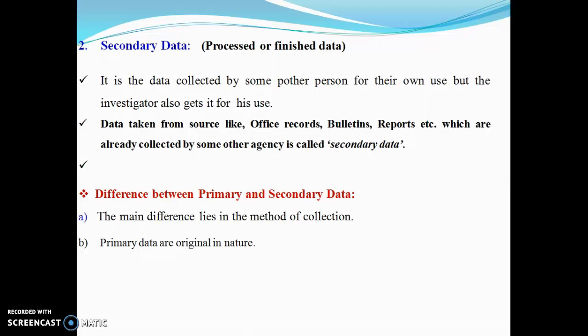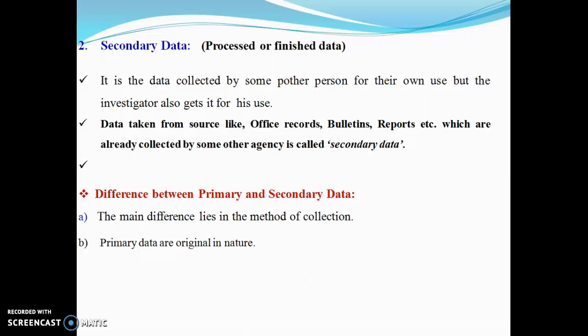Simply keep in your mind, secondary data means processed data. Already processed data from some other agencies is called secondary data.